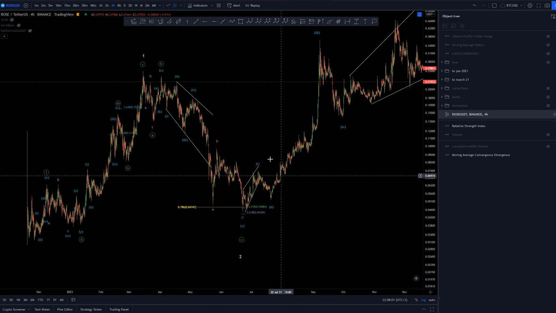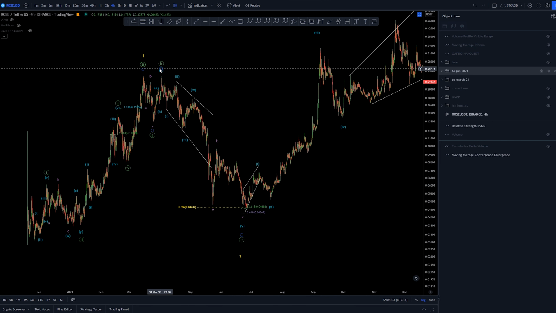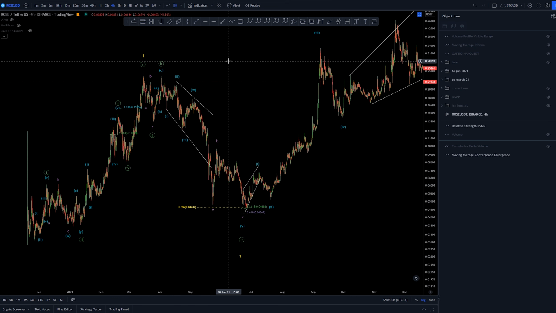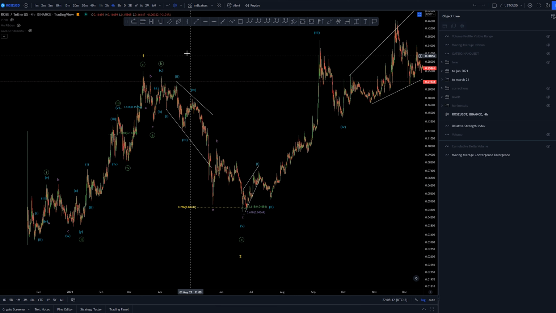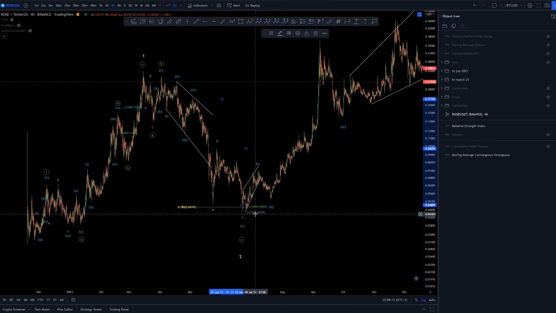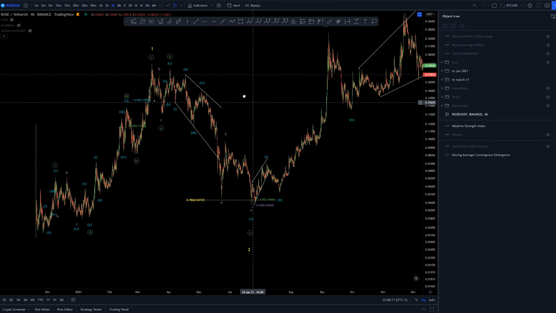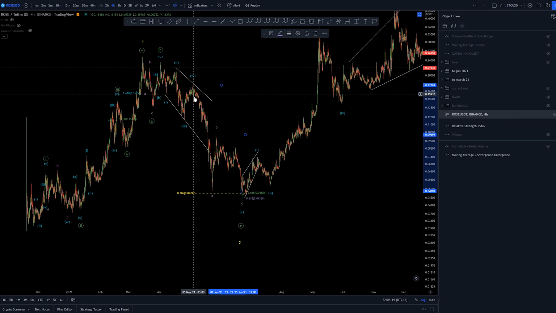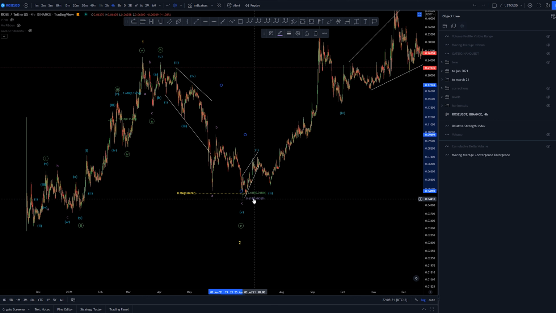Something that I don't like about this count is how actually this shouldn't be ABC. No, it should, yeah. It is ABCs, okay, never mind. Something that I don't like about this is the last wave structure here. So ABC, it doesn't hit the 618 that I usually keep as a minimum target for any C waves, especially on zigzags.